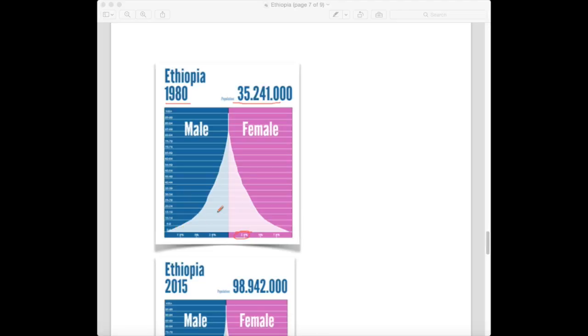So what happens in the 1980s? We still see a very wide or thick base with lots of children down here, below about 15. But what do you see happening in the middle? In the economically active, up until about 65, it seems like this has widened quite a bit.